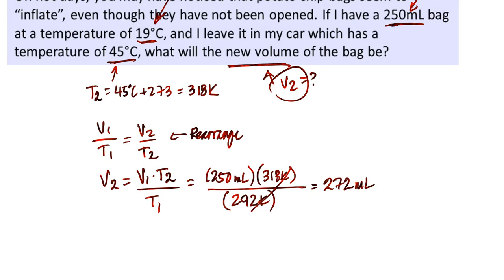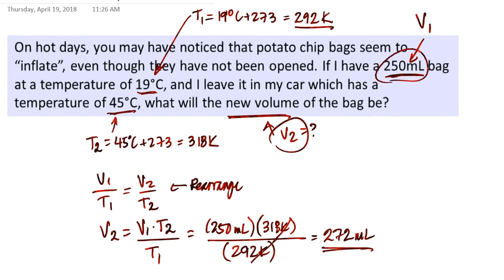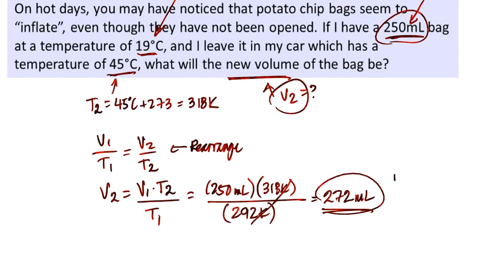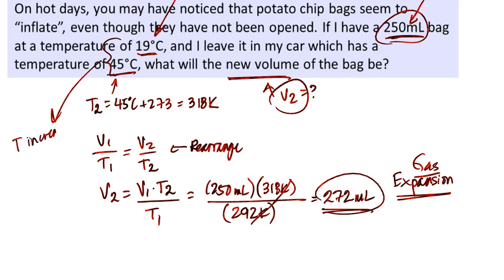Now, let's examine this answer carefully. Basically, if I'm starting at 250 milliliters and I got 272 milliliters, that means that my bag has expanded, or the gas within the bag has expanded. Notice that I ended up getting this expansion when the temperature increased.